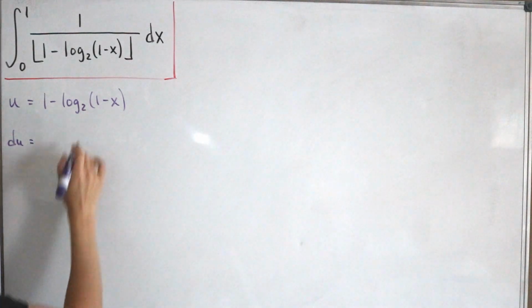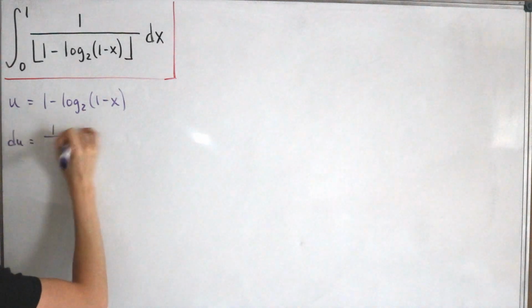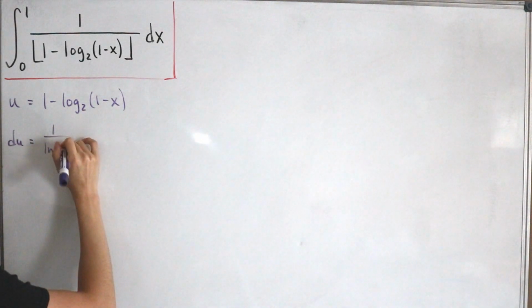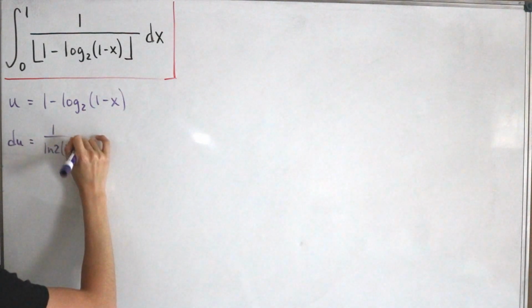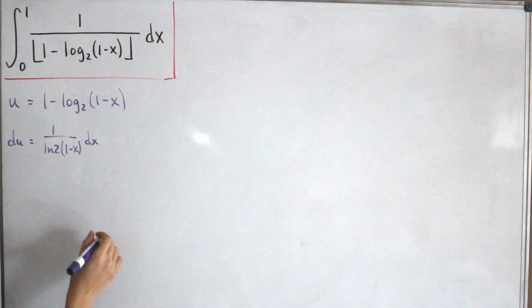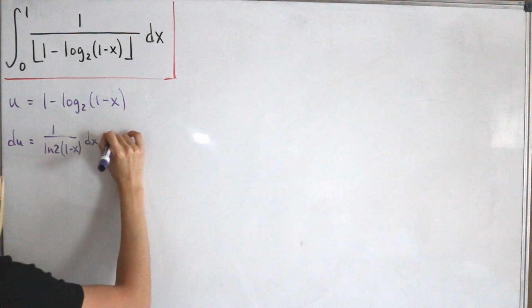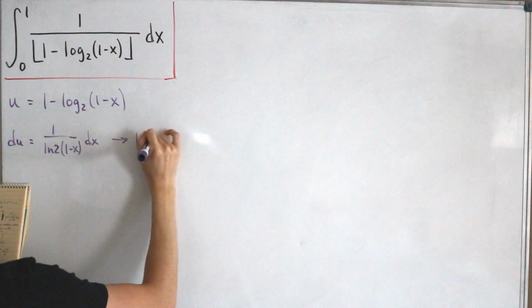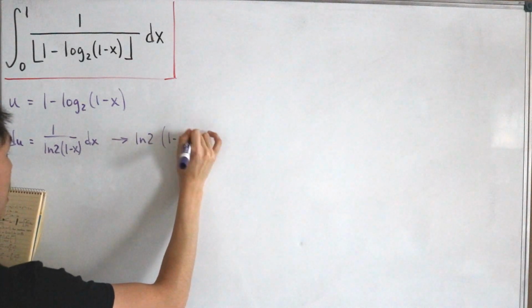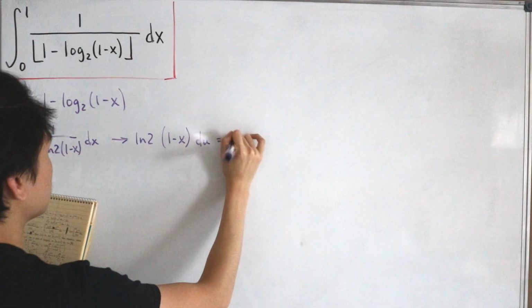So we have 1 divided by ln of 2 times 1 minus x, dx. We can't do anything with this dx on its own because we have a du, so we want dx by itself. We solve this out: ln of 2 multiplied by 1 minus x, times du, equals dx.